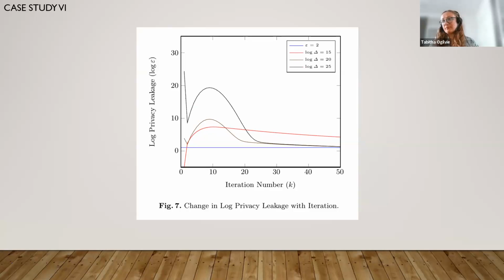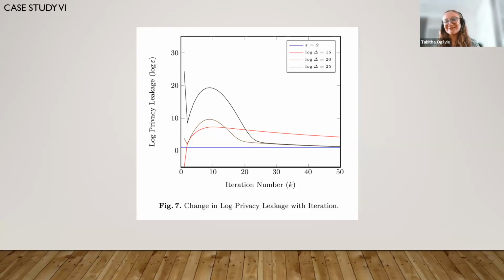And encouragingly, you can increase log delta to 25, and you're getting this leakage of almost 2. So if you increase delta from 20 to 25, you're going to massively increase the quality of your produced model, but with minimal consequence for your privacy leakage. So this is very encouraging.